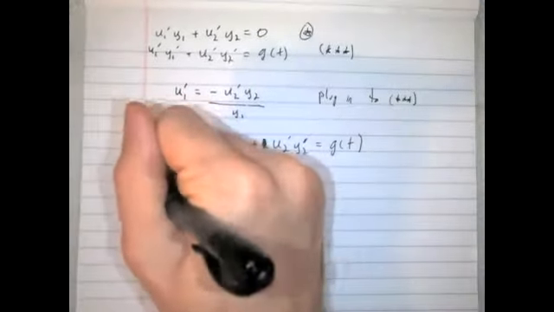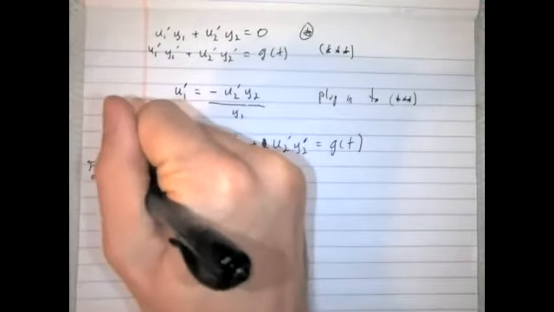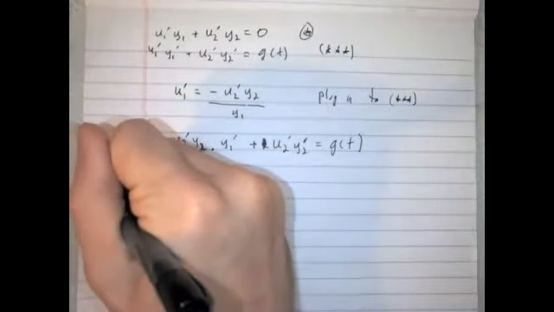So factor out u2 prime and common denominator.